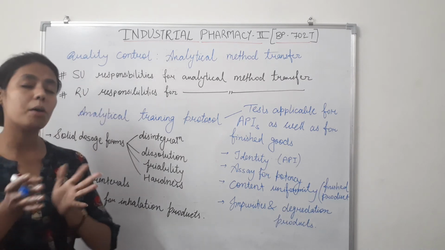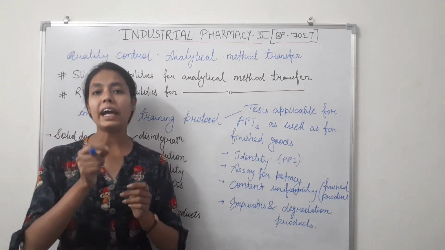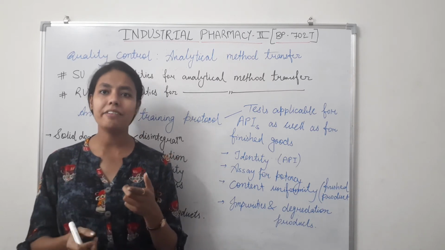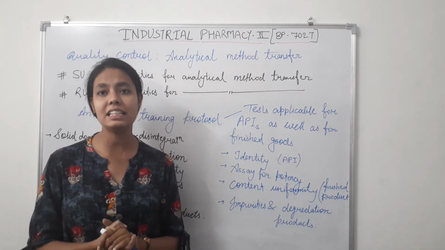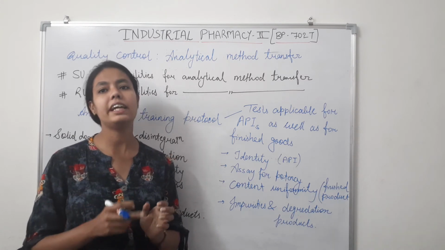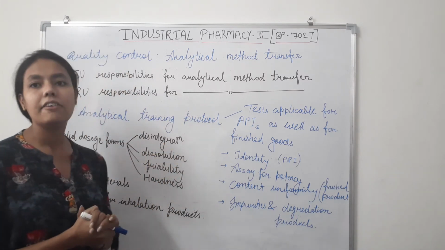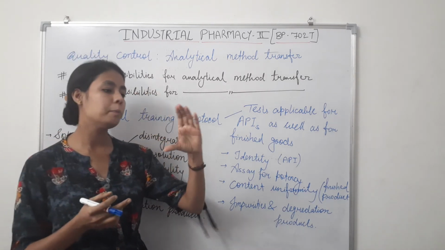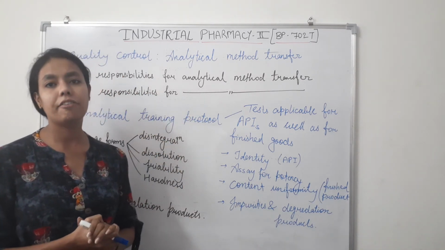Apart from that, if we talk about liquid dosage forms, factors which affect the filling, such as specific gravity or density and viscosity of the particular liquid dosage form, will ultimately affect the product package size of the liquid dosage form.